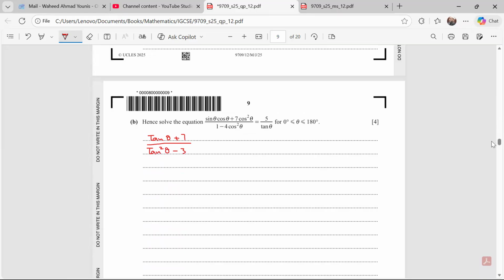Okay, so this is equal to 5 over tangent theta. So they want me to solve this equation where theta is known to be between 0 and 180 degrees.